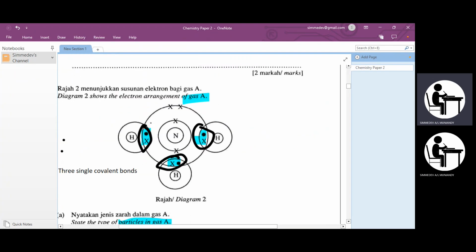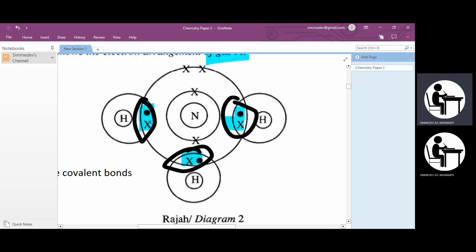If you look back at the diagram, you could see that it's contributing one electron for sharing. This X is the nitrogen's electron, and these black dots are the electrons of the hydrogen atoms. So for the nitrogen, there's one X over here, one X over here, and one X over here. That means it's contributing one electron for sharing with each of these three hydrogen atoms.